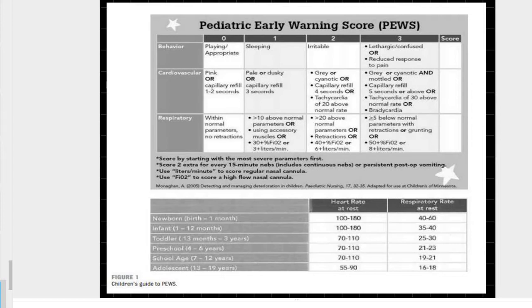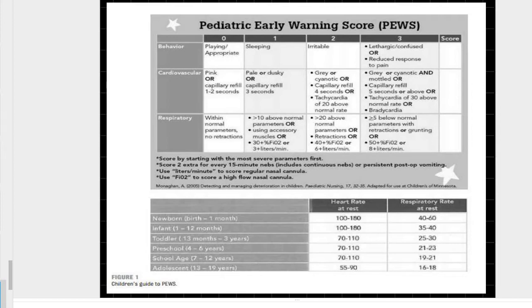That's a 3. Cardiovascular, gray or cyanotic and mottled, or the capillary refill is 5 seconds or above, or their heart rate is 30 or above normal, or they're bradycardic. That's 3. Respiratory rate greater than or equal to 5 below normal parameters with retractions or grunting. That's a 3.